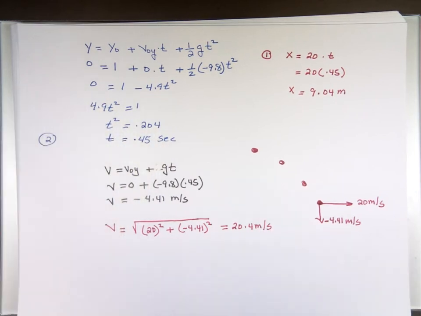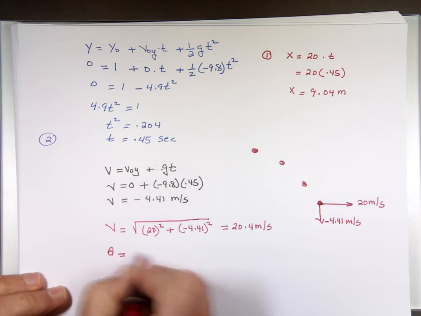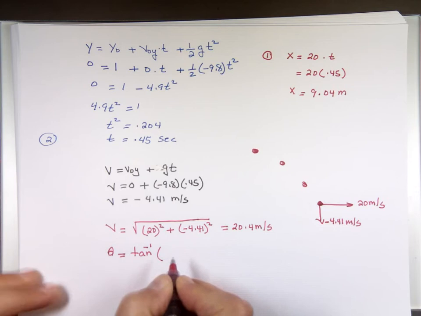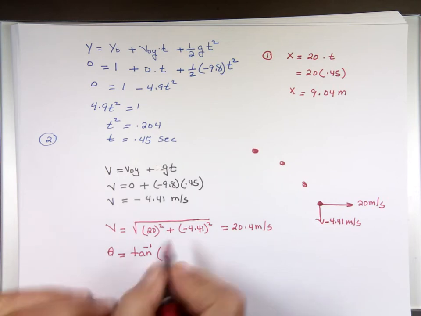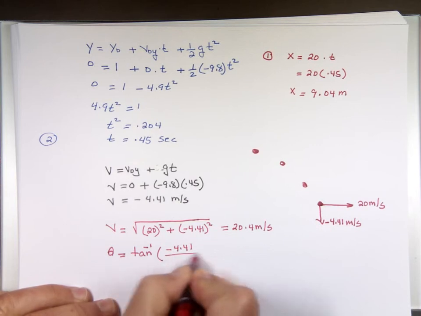And what about the angle theta? It's the inverse tangent of the y value over the x value. The y is what? Negative 4.41 over the x value, which is 20.